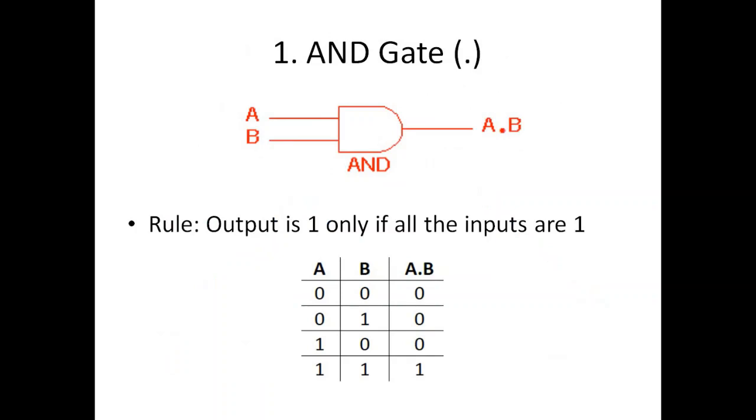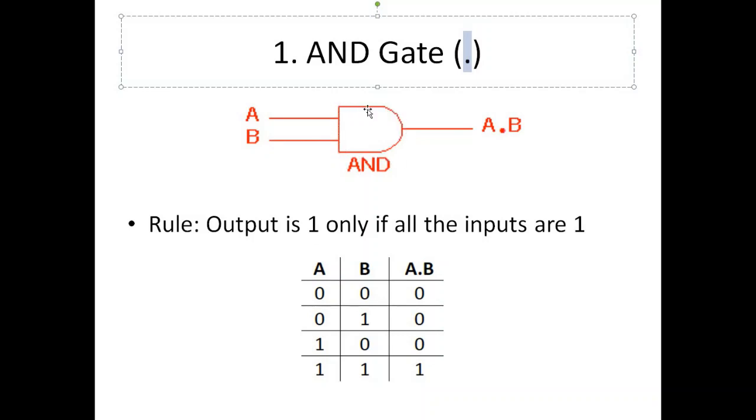So in our syllabus we have 6 logic gates, and the first one is an AND gate. When we are writing logic expressions, we use the dot or a full stop to denote the AND gate, whereas if we have to draw a logic circuit, then we draw it like this.